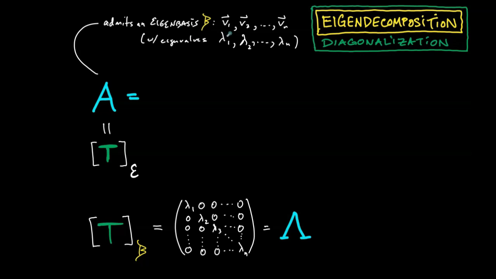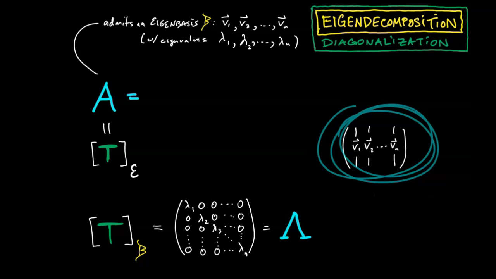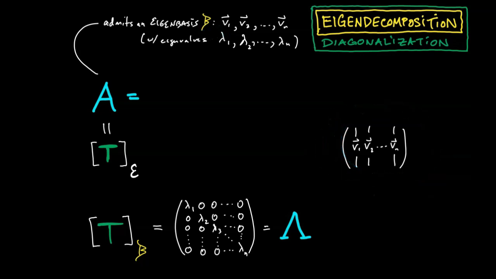Well, presuming that the vectors of our eigenbasis are expressed in standard coordinates, then if I were to make a matrix consisting of those vectors as its columns, these would be the vectors in basis B expressed in standard coordinates, E coordinates. So this would be, based on our work in chapter 6, the B to E change of basis matrix.